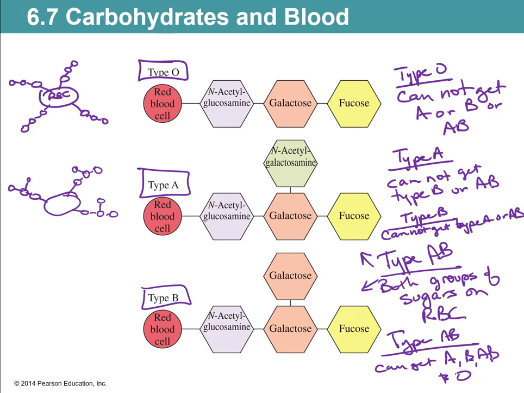That is why O can be given to anybody. It is sort of the simplest pattern, and so it's a pattern found in all blood types. And that's why they call O the universal donor.